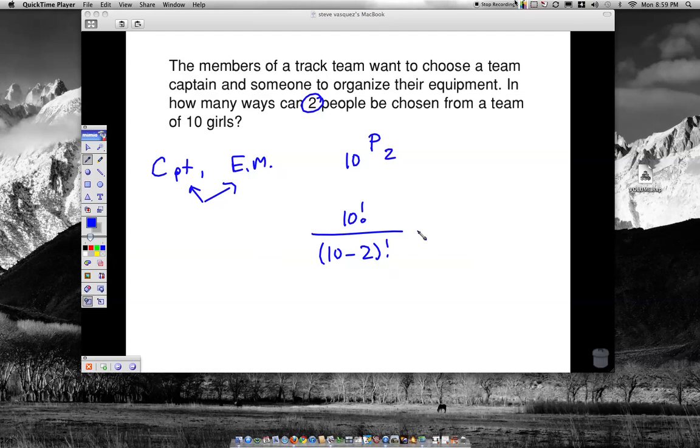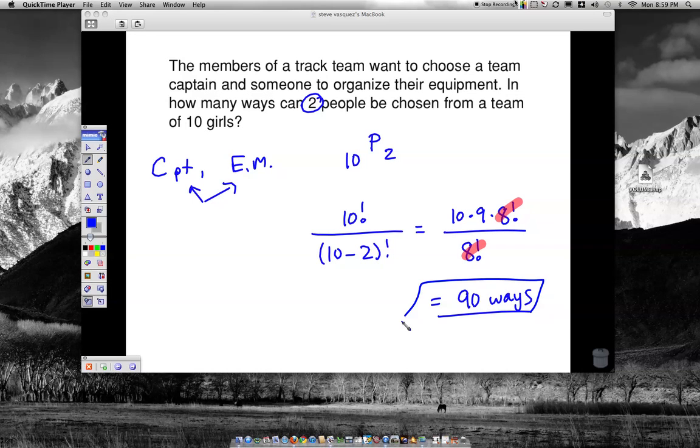I mistakenly said 8 minus 2 at first. So I can say 10 times 9 times 8 factorial over 8 factorial. Do the shorthand way, cancel it off. The 8 factorials cancel. So I now have 90 ways for us to choose the 2 people on the track team to be the captain and the equipment manager.